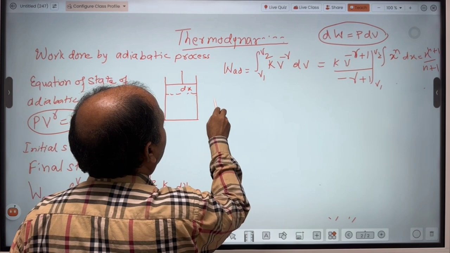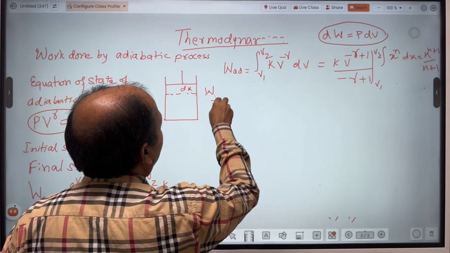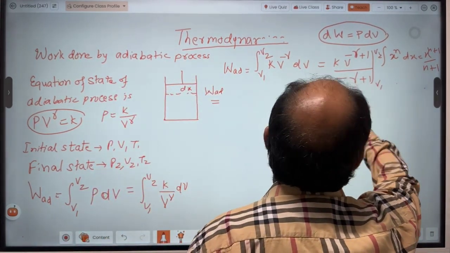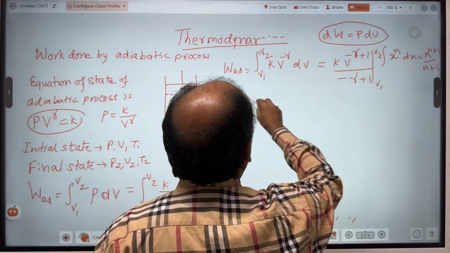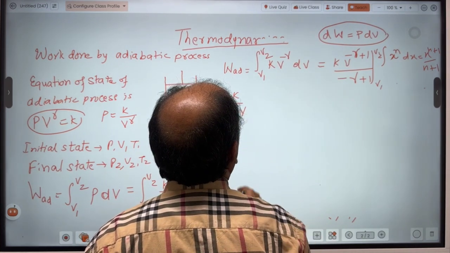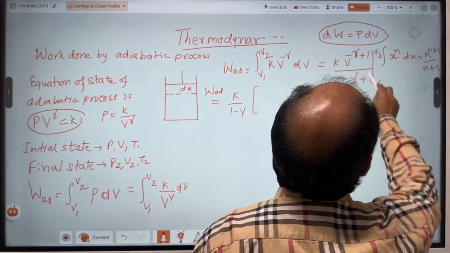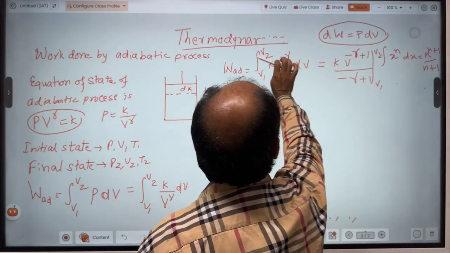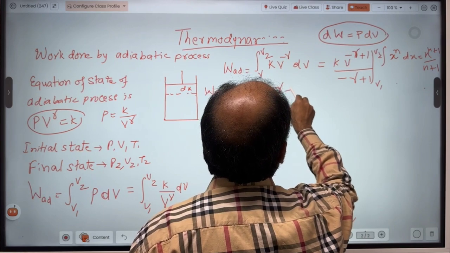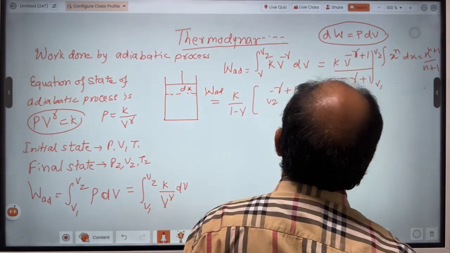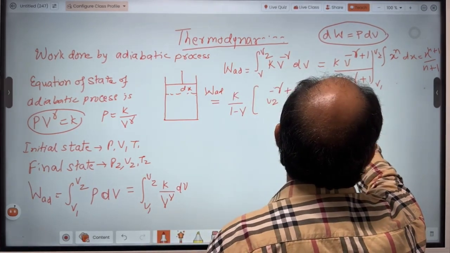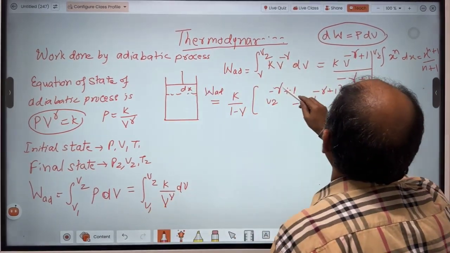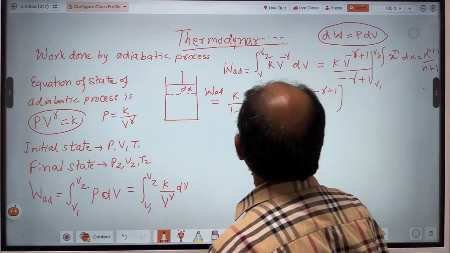No. So we can further write W adiabatic is equal to K upon 1 minus gamma, and inside we write V2 power minus gamma plus 1 minus V1 power minus gamma plus 1, right?